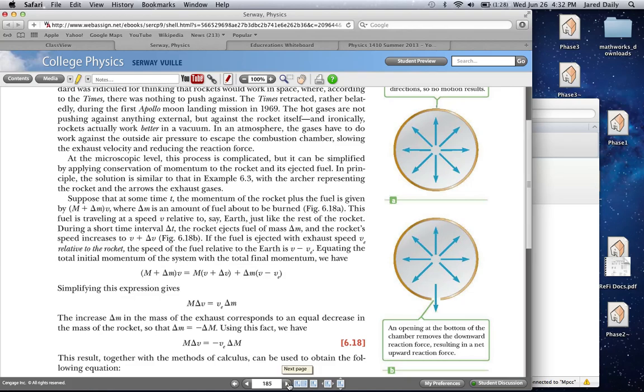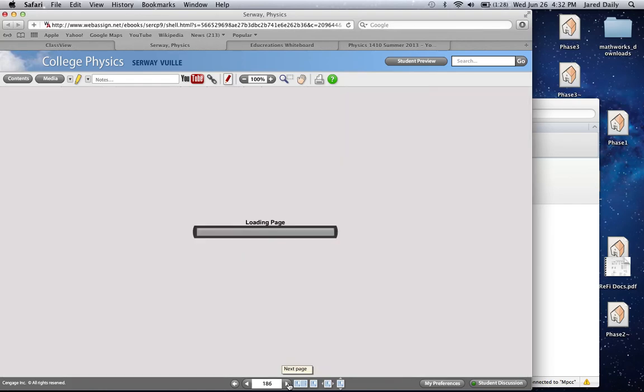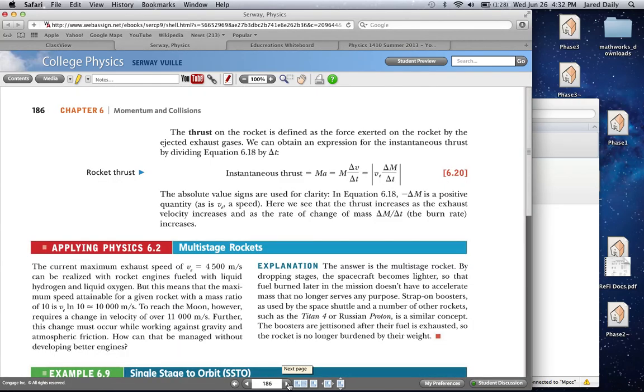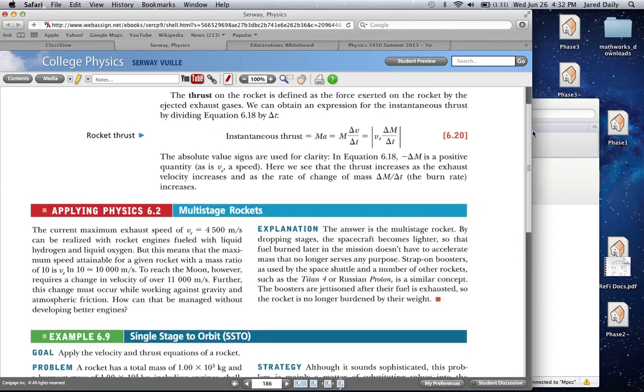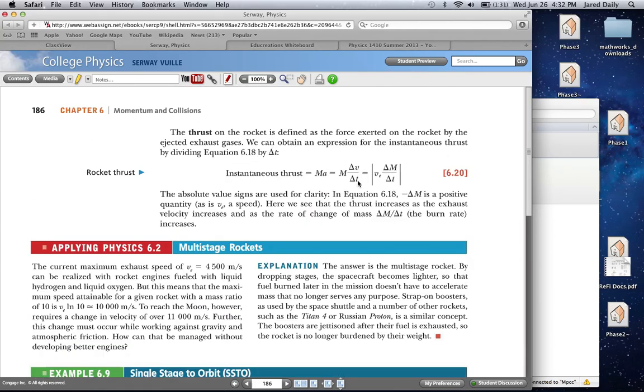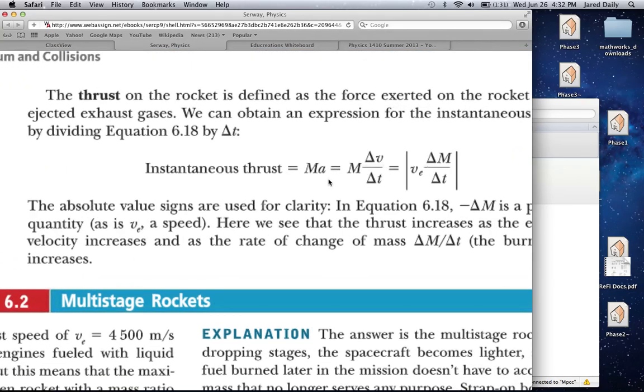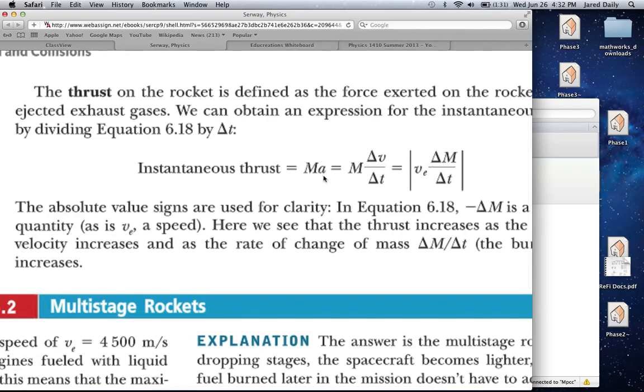And you'll often hear thrust talked about in terms of pounds in the United States. So, for example, the F-15 has two 20,000-pound thrust engines in it. And 20,000 pounds of thrust is a lot of thrust, and that's why it's such a useful jet for the Air Force still. But anyway, I forgot to mention this equation here, instantaneous thrust, is just equal to the mass of the rocket times its acceleration.